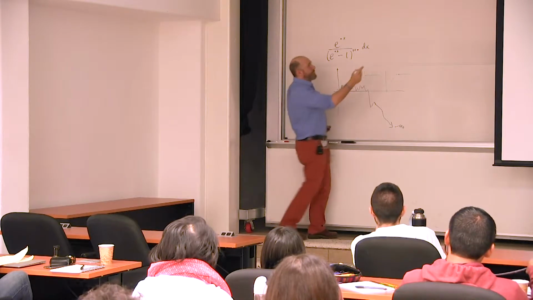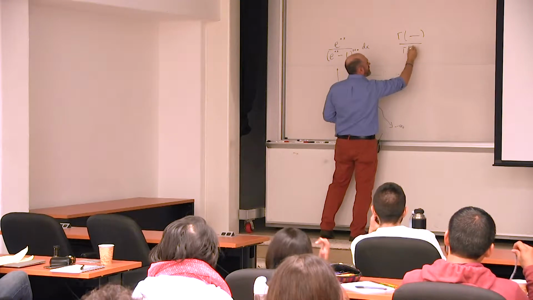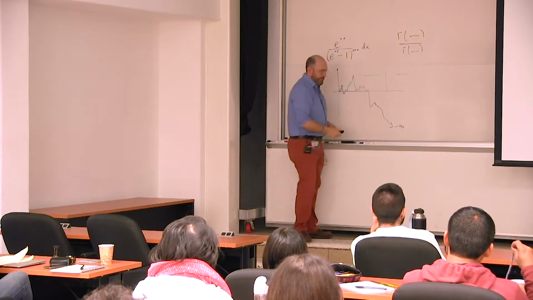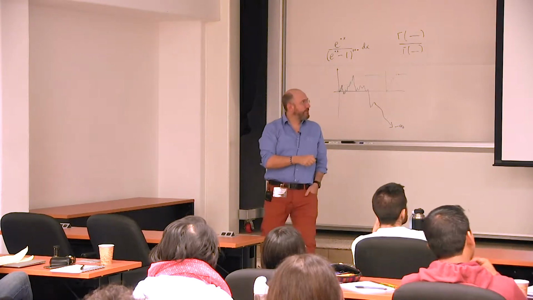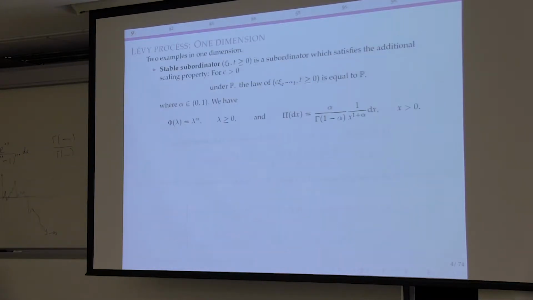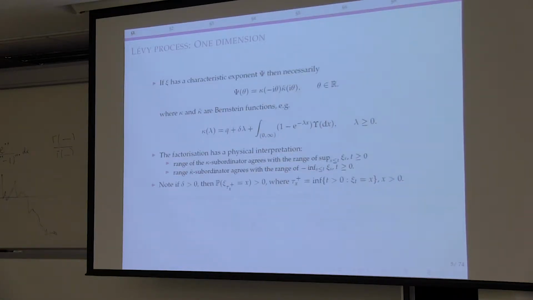But fundamentally, if you look at the ratio of the gammas, you can think about a beta integral, and you can manipulate the beta integral to look like this. Forget these terms, or possibly you need this term, but certainly forget this term, and that would tell you what this Levy measure is. You'll end up with something like this after some changes of variable. That's not an exercise, but it could be.